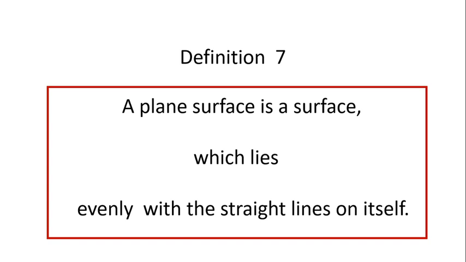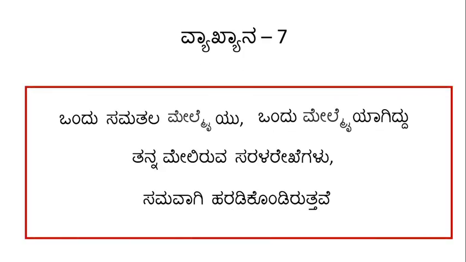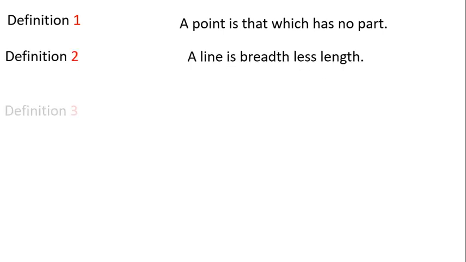Okay. So a plane surface is a surface which lies evenly with the straight lines on itself. I think for the second time we are encountering the word evenly. So please try to recall the word evenly. Okay. So let me sum up all these definitions, children. Definition 1, definition 2.